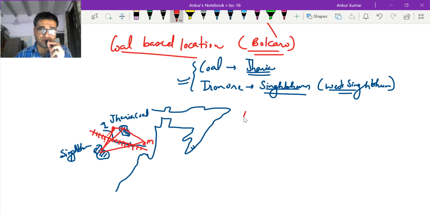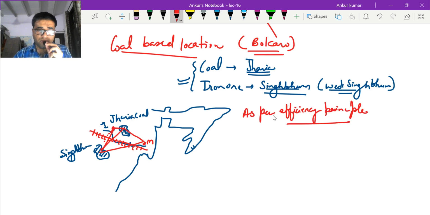Now as per the efficiency principle, for example a train is bringing the coal from this point to this point and iron ore from this point to this point.